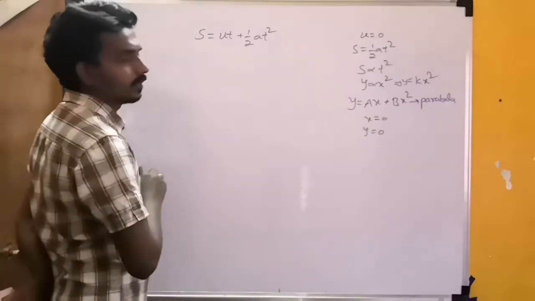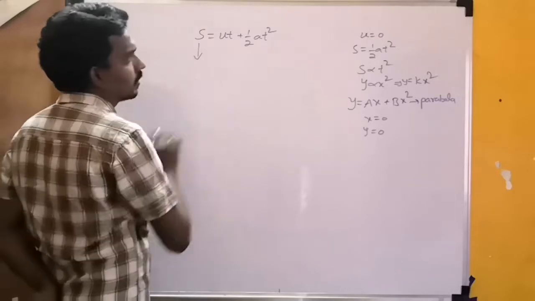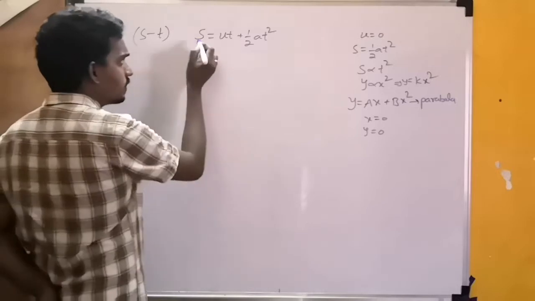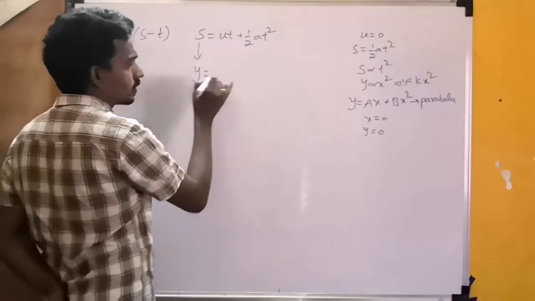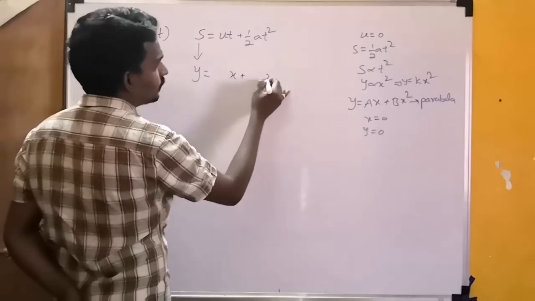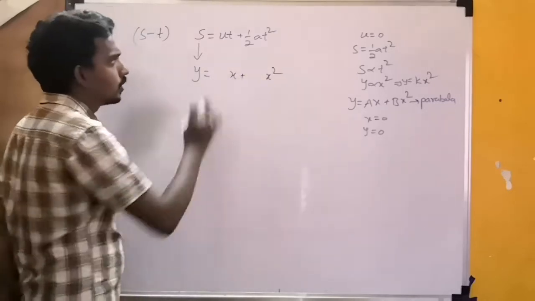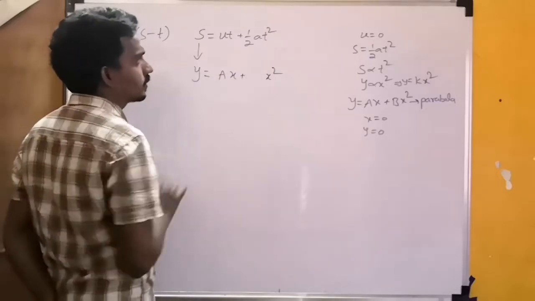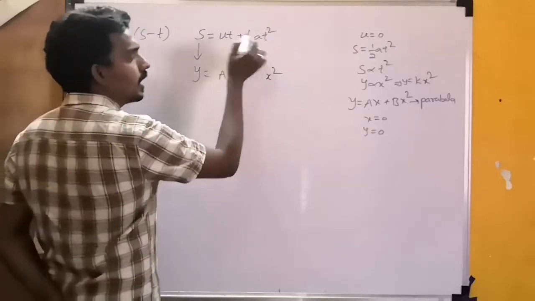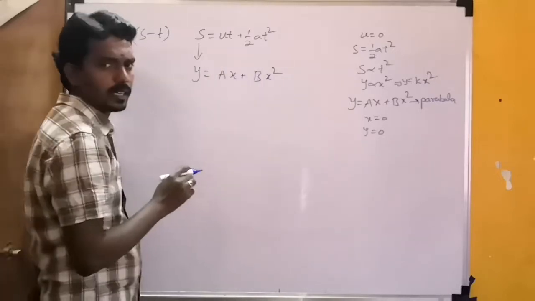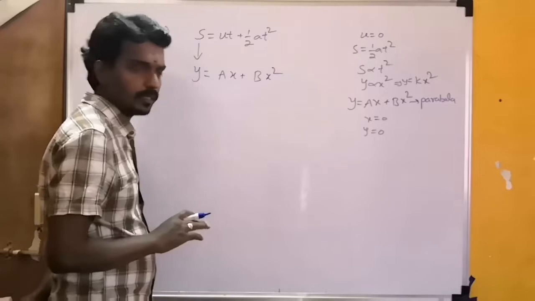Like the same here, now we are drawing the s-t graph. Now s is on the y axis, t is on the x axis. u is the initial velocity, one constant, and half a is another constant. a by 2 is one constant, let it be b.